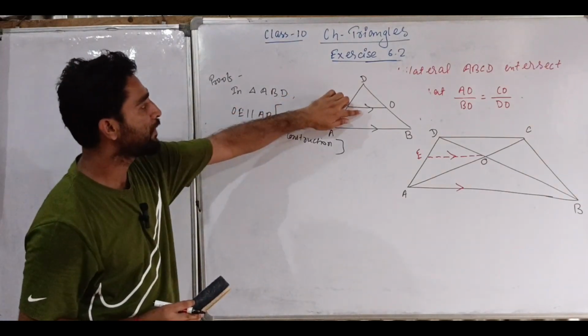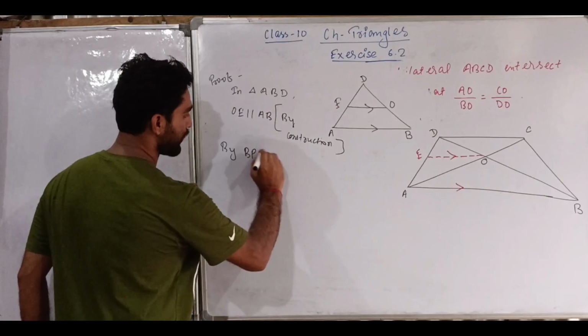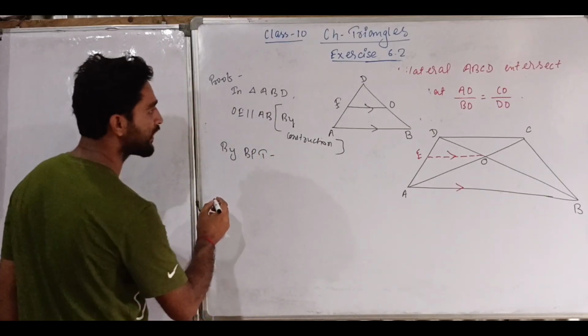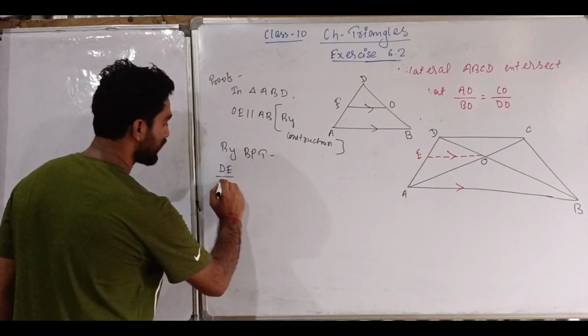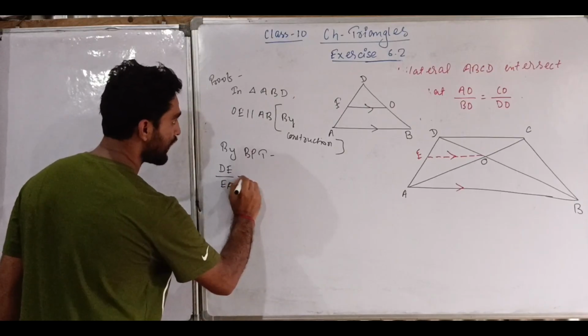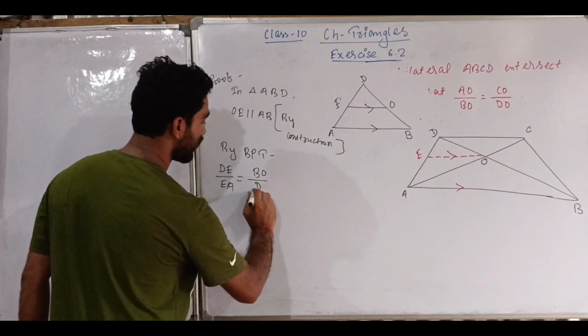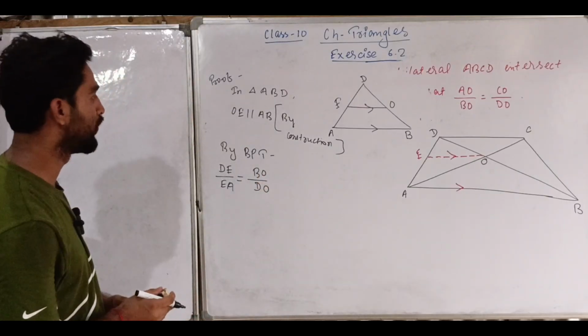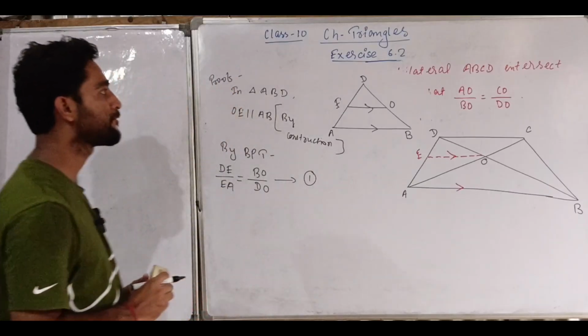So triangle is given, parallel lines are given, so we can apply BPT. By BPT, what can I say? DE divided by EA is equal to BO divided by DO. This one I can give as equation number 1.